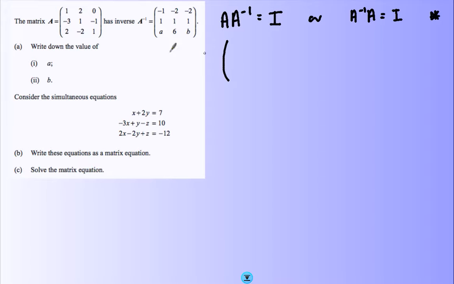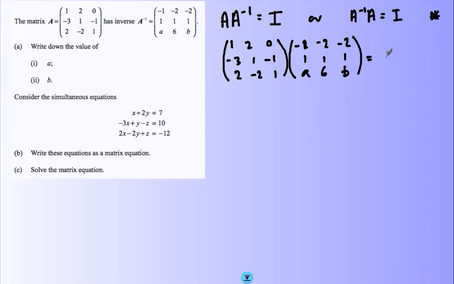Let's go through the motions here and get our numbers. So A multiplied by its inverse. Oops, already going wrong. And that will give the identity, which is the matrix equivalent of the number 1.